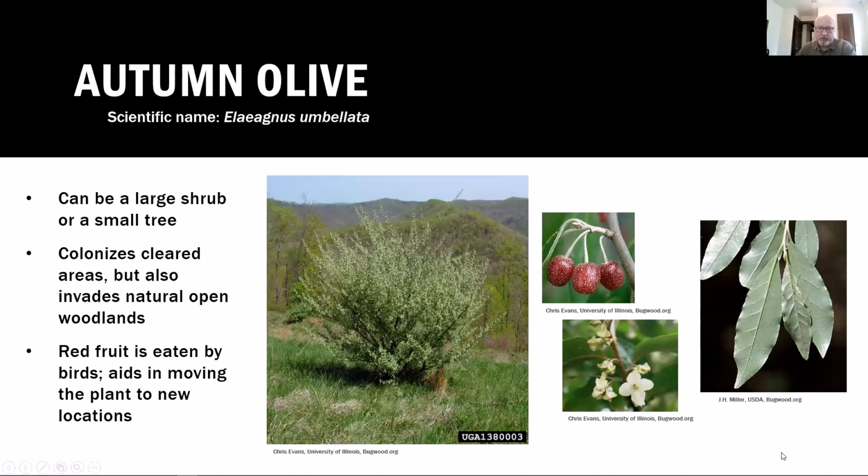The fruits, when you see red fruits, it's a very good sign that they're eaten by birds. And so once the Game Commission stops planting them, they're going to still move around on their own. They're edible. They're not bad tasting, but please don't get the idea of growing them for their fruits. They're not that good. Okay, next slide, please.